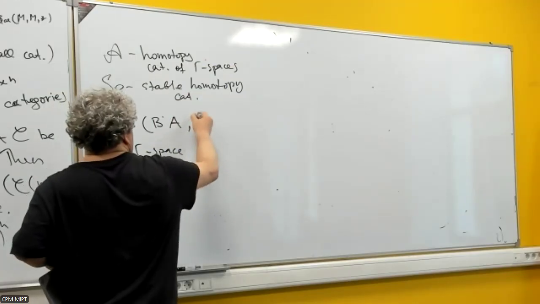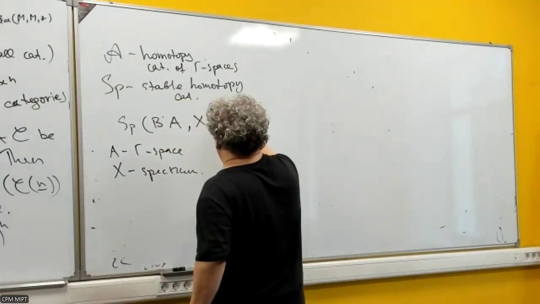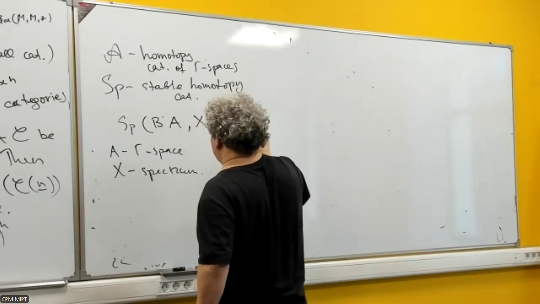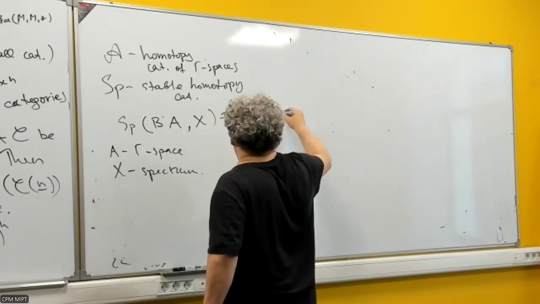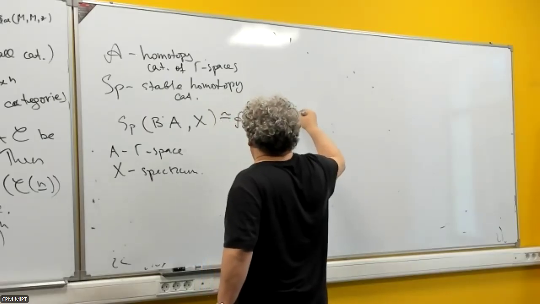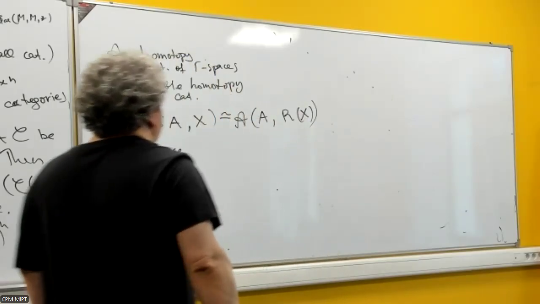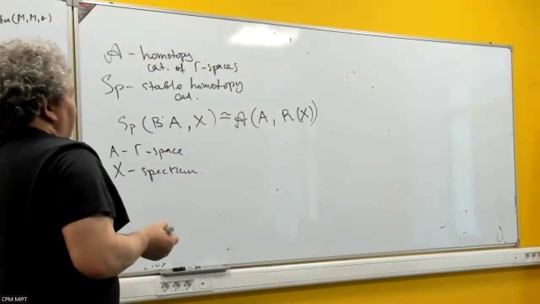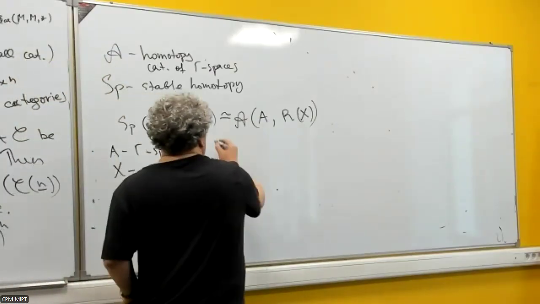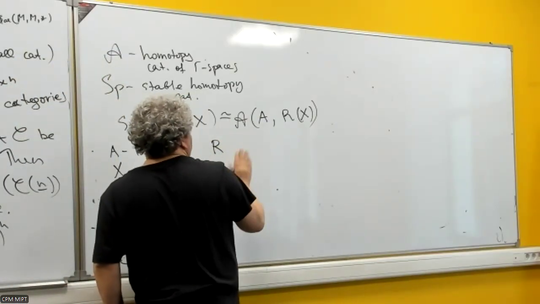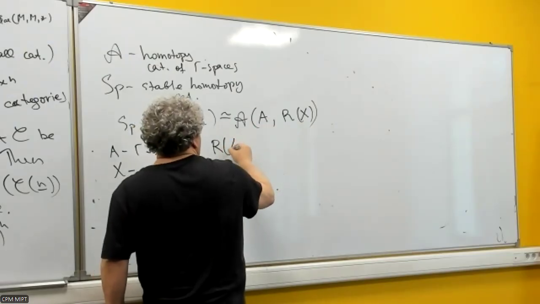we have that this one was equivalent to the functor having a right adjoint functor, which goes from A to what I called R of X, where R of X was a gamma space, not special in general. I just recall how we defined it, on the nose, because we use it.